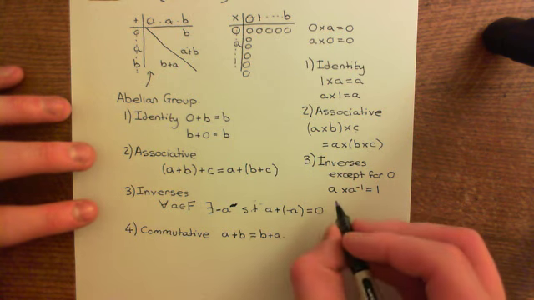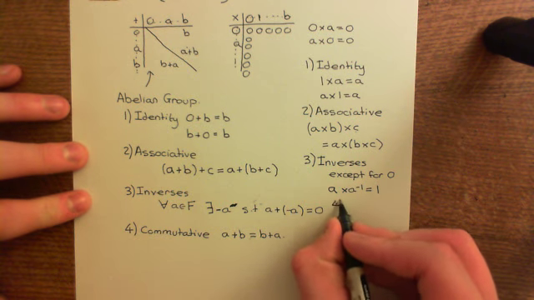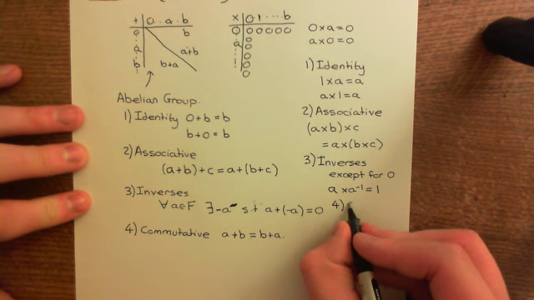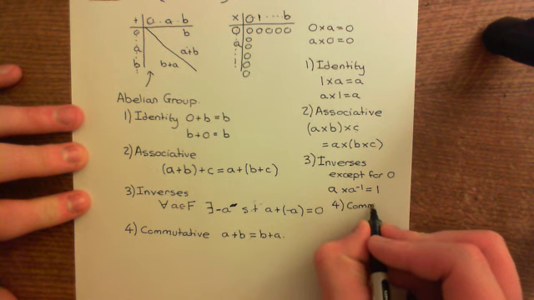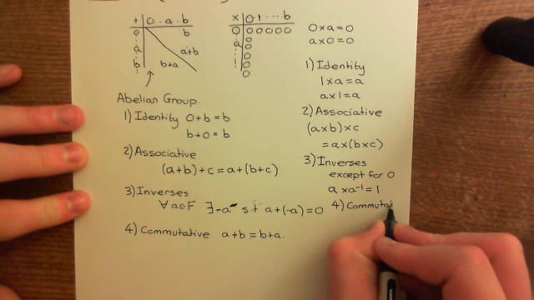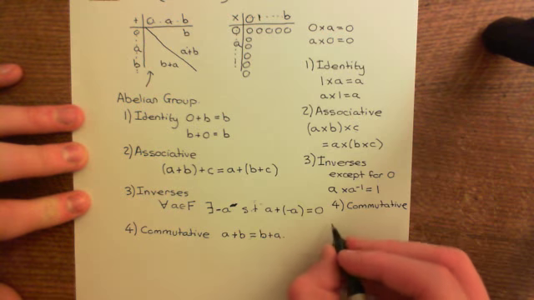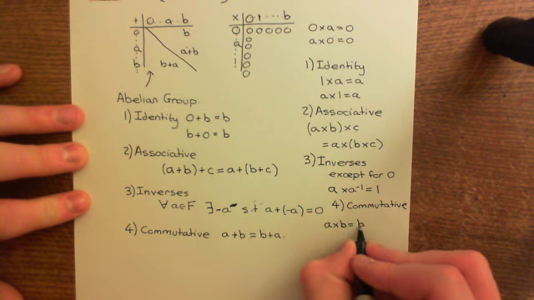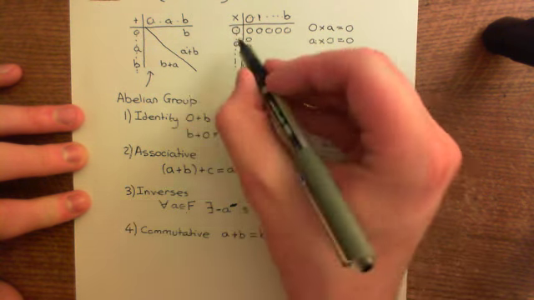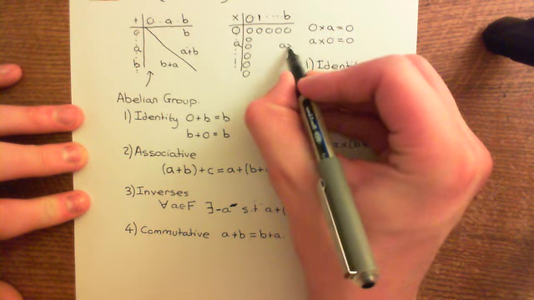Okay, then finally, well actually not finally, but also you're going to want commutativity, okay, which again means that the Cayley table is going to be symmetrical down the diagonal. A multiplied by B should equal the same thing as B multiplied by A. So if you take A and multiply it by B, you get this answer up here.